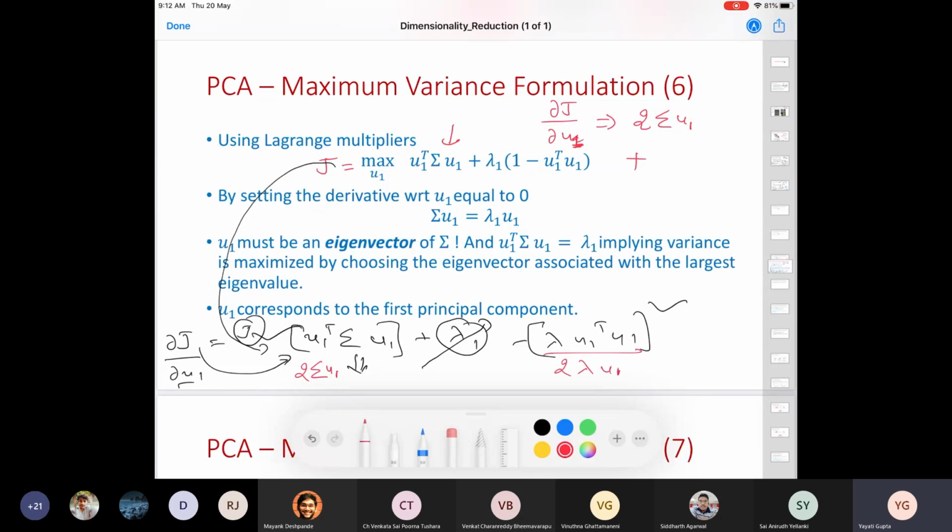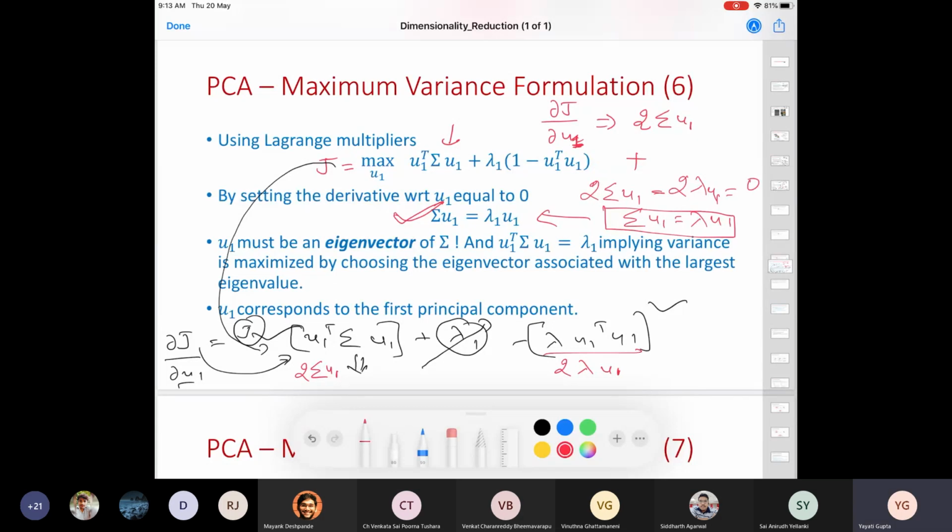Now you differentiate it and equate it to 0: 2 sigma u1 minus 2 lambda u1 equals 0. So if I equate it, what we get is sigma u1 equals lambda u1.